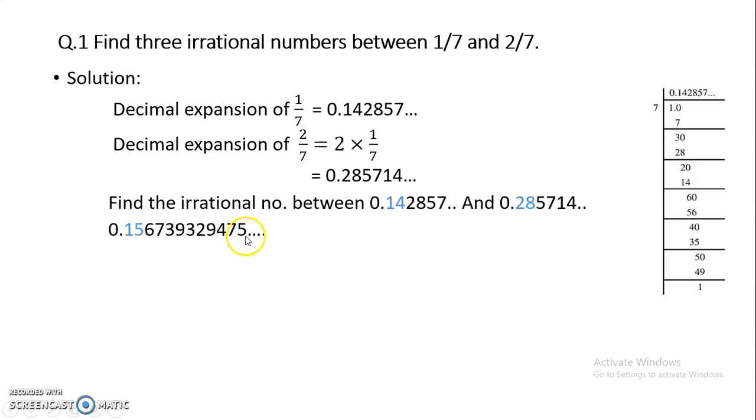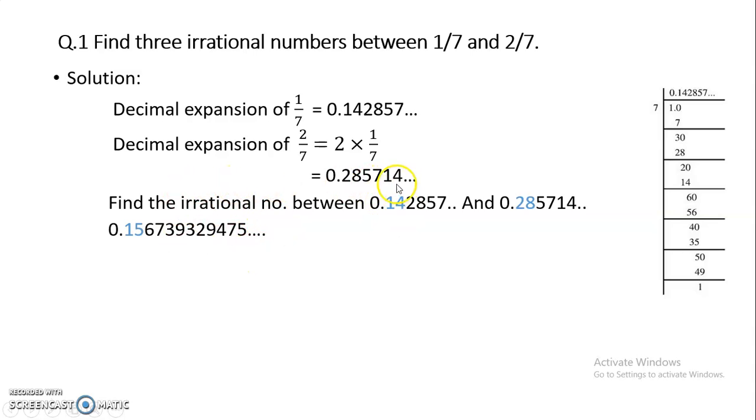These are any numbers, but you have to remember these should not repeat, because we have to find irrational numbers, and irrational numbers never repeat. These should be different numbers. You have to put these dots also, because irrational numbers are non-repeating and non-terminating numbers.